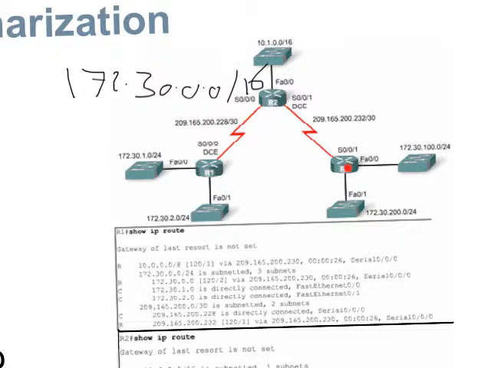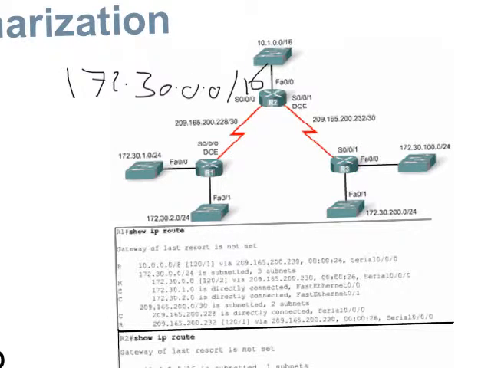After that, R3 will send route updates about 200.0 and 100.0. And guess what? They are coming on an interface that exists on a different major network. What does R2 do in that case? It will summarize them and generate a route entry that says 172.30.0.0 goes to R3.